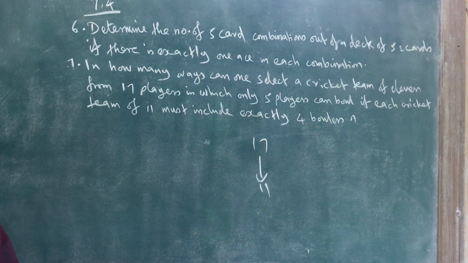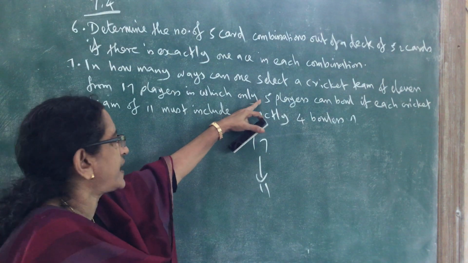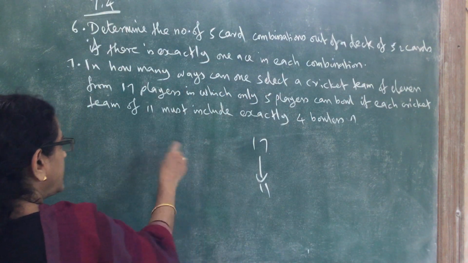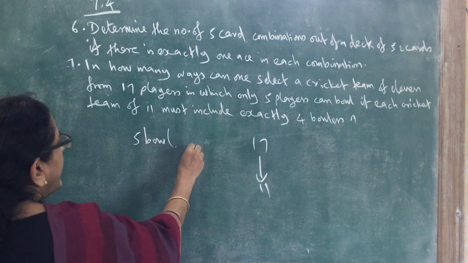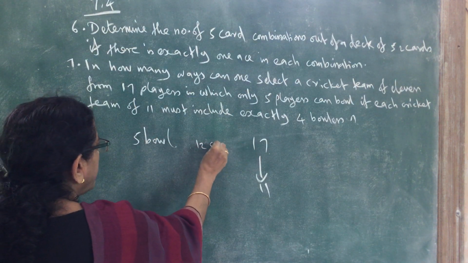So in the group of 17 players, only 5 can bowl, and the remaining 12 cannot bowl.